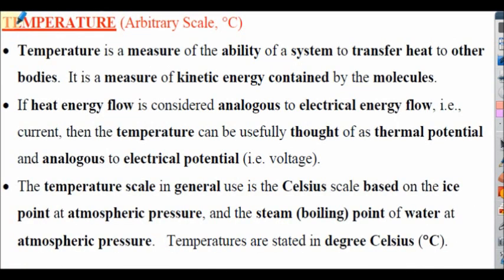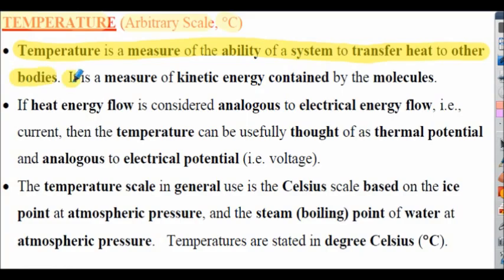Let's consider temperature in terms of the arbitrary scale, Celsius, degrees C. So temperature is a measure of the ability of a system to transfer heat to other bodies. Temperature is a measure of the kinetic energy contained by the molecules.